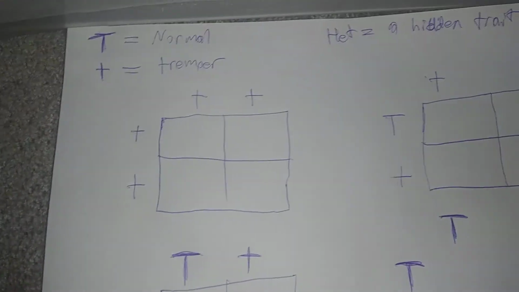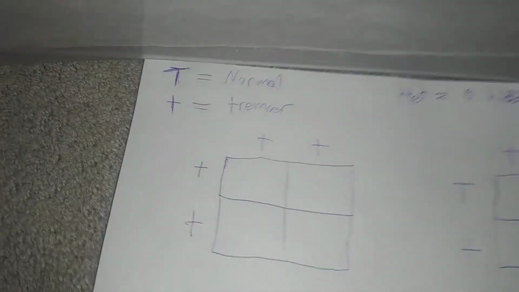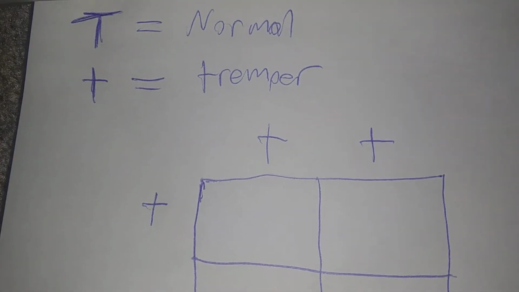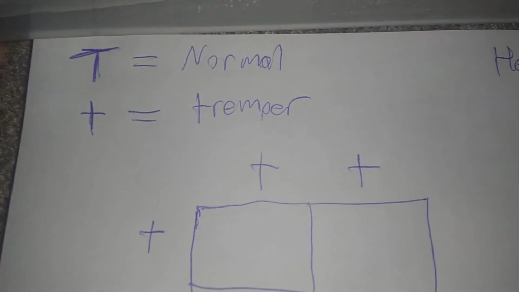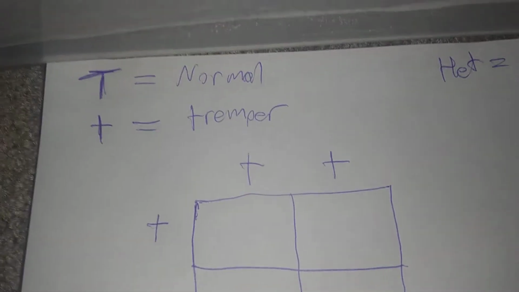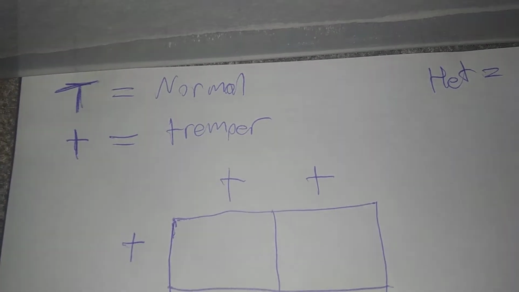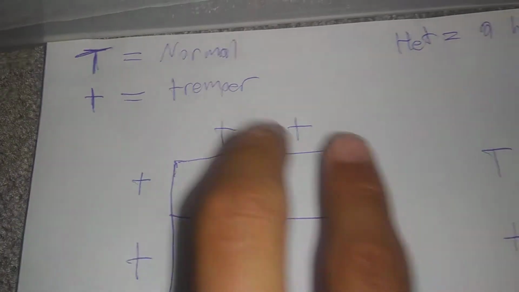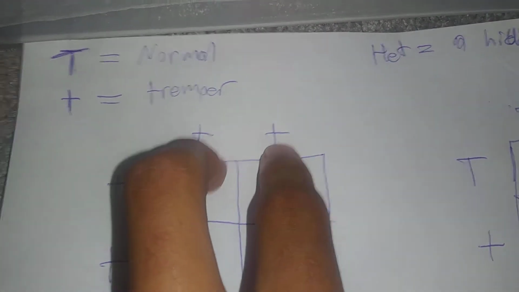Okay, so I've made a few Punnett square charts to explain this. A large T is equal to normal, a little t is equal to Tremper, and as you might think the large T would be equal to Tremper, but since it is a recessive, it is a lowercase letter. So first off, this one, since it has two t's, would be a Tremper Albino. Anything with two t's is a Tremper Albino.